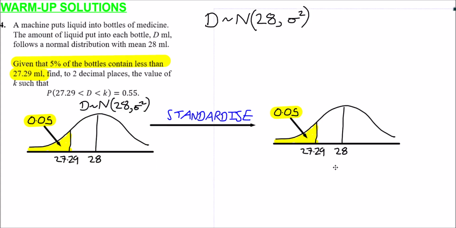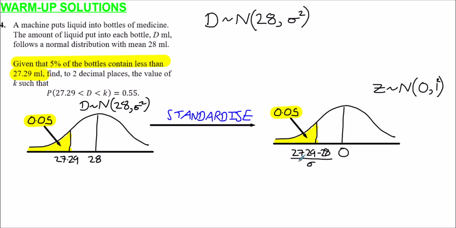just saves time, then what's going to happen is the mean of the standard normal distribution is of course 0, which we need to know and remember. The standard normal distribution has a mean of 0, standard deviation, and variance of 1, so that's 1 squared. So to code it, I take each value upon the curve, in this case 27.29, I subtract the mean, which I know is 28, and divide by the standard deviation, like so.